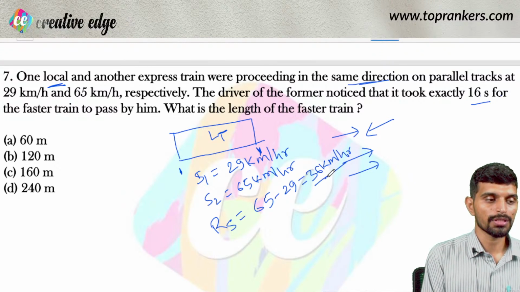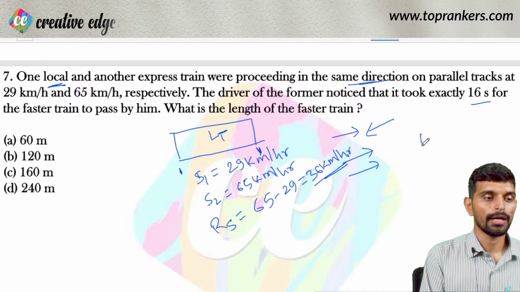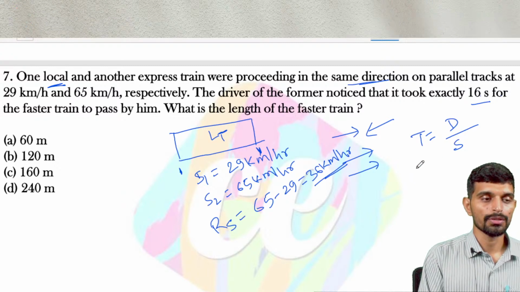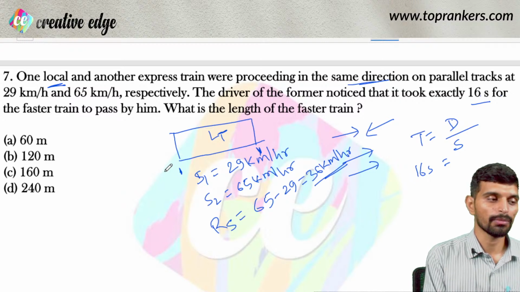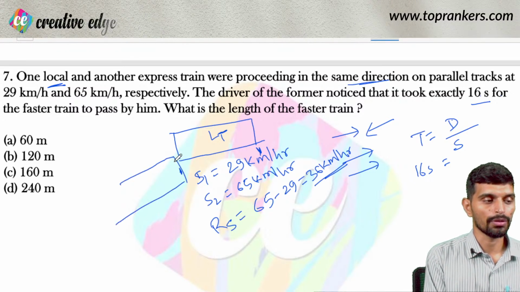So with this speed, the faster train crosses the slower train, and time taken is distance upon speed. So this time is given to us as 16 seconds, and the distance is nothing but the length of train, because the faster train overtook the slower train.